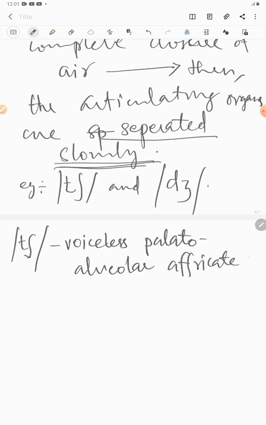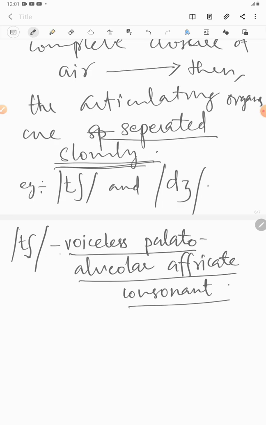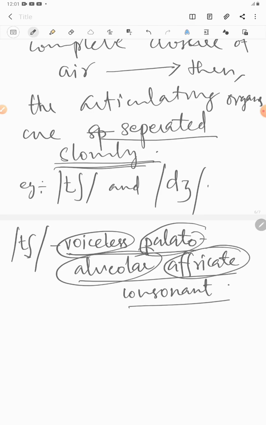So this is the three-term label of ch. Ch is voiceless, then it's a palato-alveolar consonant, and then it's an affricate consonant. So voiceless, palato-alveolar, affricate consonant.